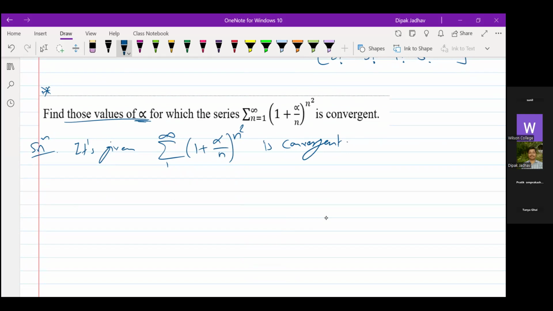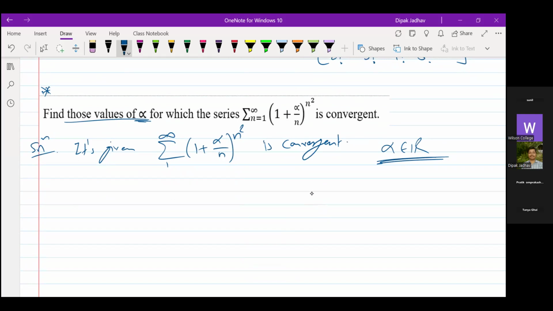For all values of alpha, this may not be convergent; for some values of alpha it may be convergent, and for others not. Basically alpha belongs to the real numbers, and we want to check for which values of alpha the series converges.